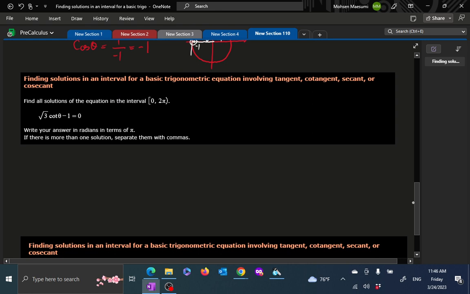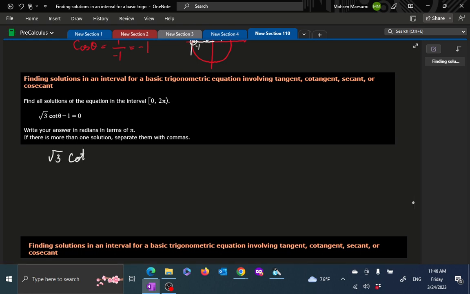Here's another example. We say radical 3 cotangent of theta - 1 is equal to 0. So radical 3 cotangent of theta is equal to 1. Therefore, cotangent of theta is 1 over radical 3.